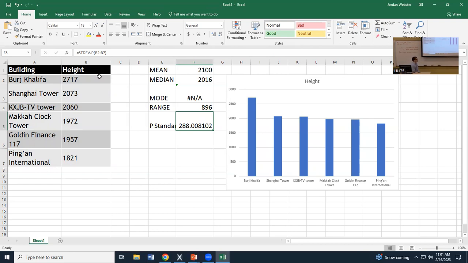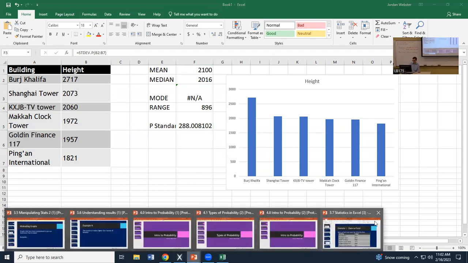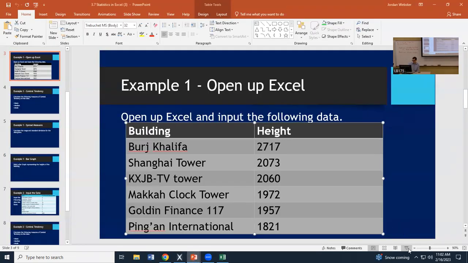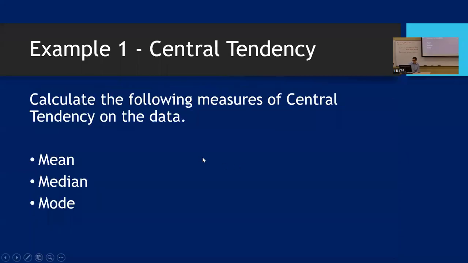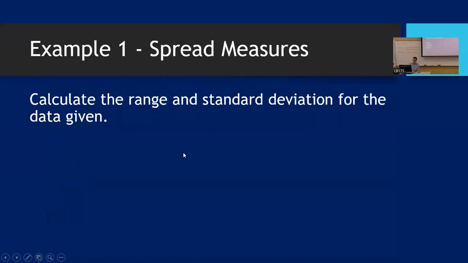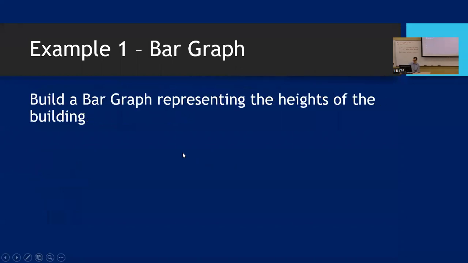Now, if you're ever given a really big data set, you can calculate those things that we calculated at the beginning of this chapter in a fairly efficient way. All right, so we did that.